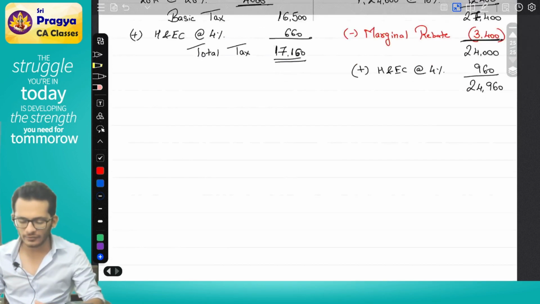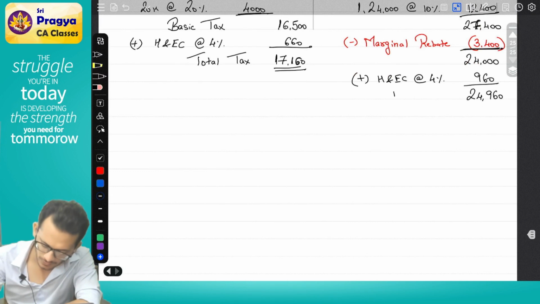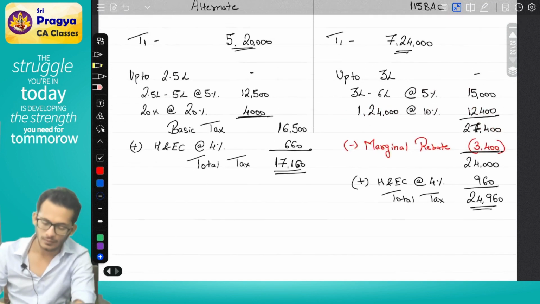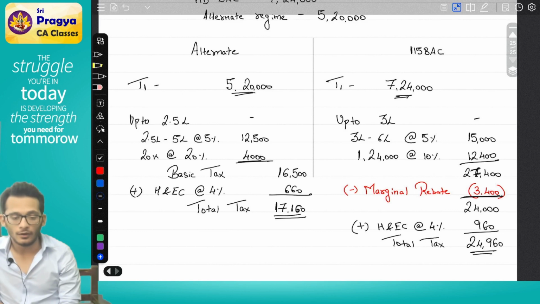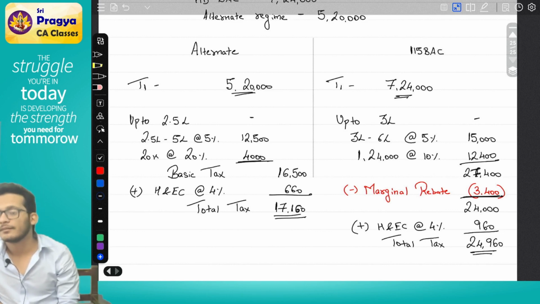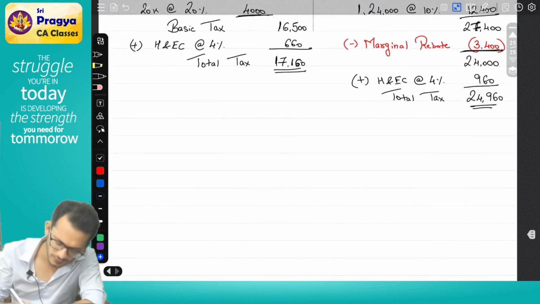Now, you are the friend of Srinidhi. You will ask Srinidhi to opt for alternate regime instead of 115 BAC. So, what will you say?